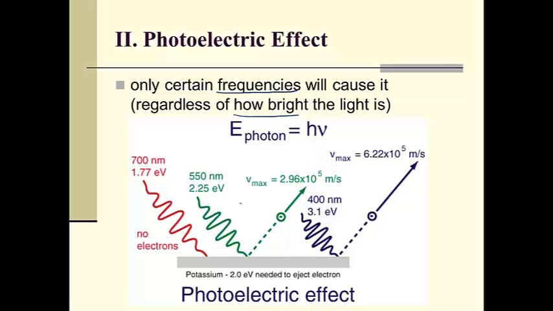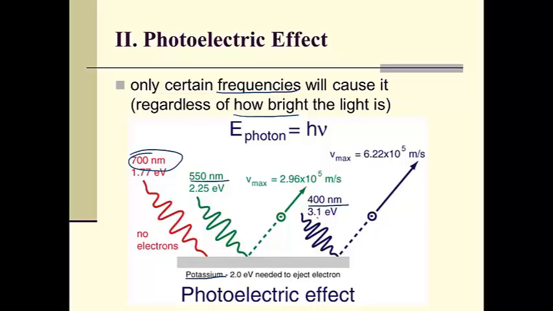So, let's say they tried red light and they shot it at, instead of sodium, potassium here. And nothing happened. No electrons were shot out. They tried green light and electrons were shot out. When they tried violet light, electrons were shot out.